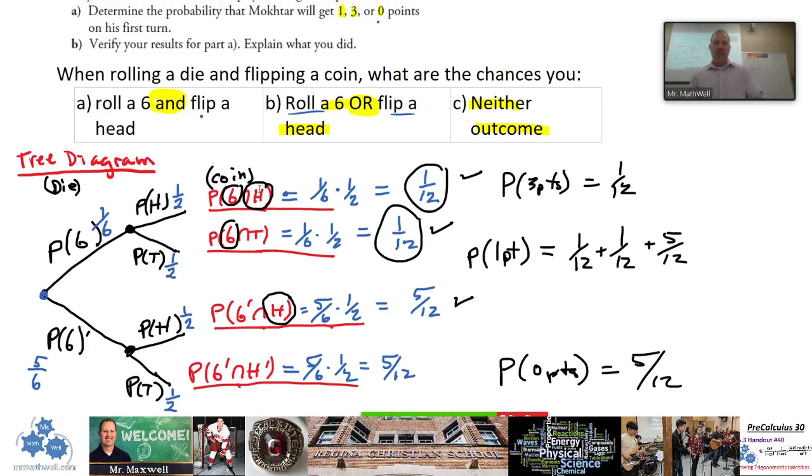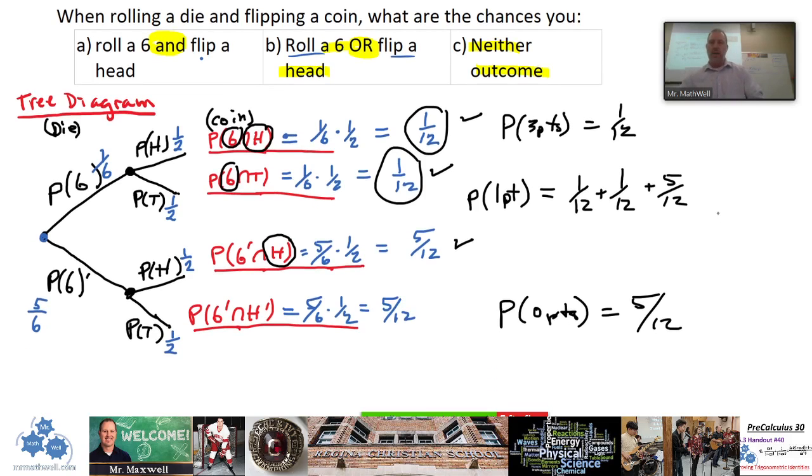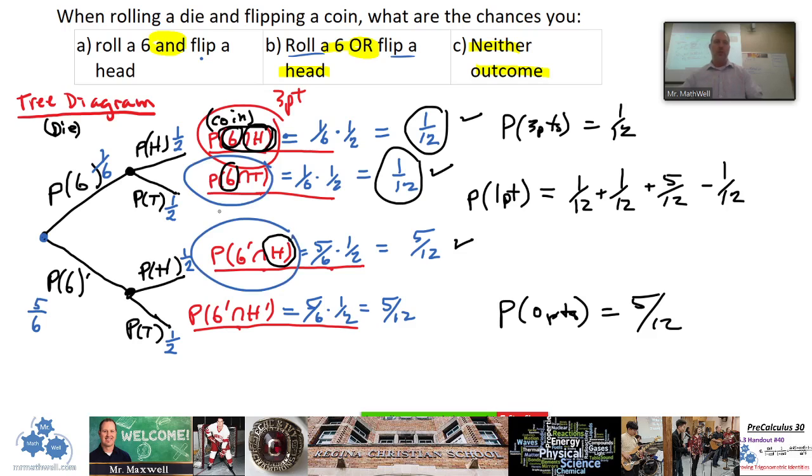But this 6 and a head, that's actually the 3 points. So we have to subtract the 1 out of 12 there. We have to subtract this one because this one's already a 3-pointer. Okay? So this is a 3-pointer, and then this one and this one are the 1-pointers. Okay? 1 point, 1 point. So I've counted this 3-point one twice really in my points, so I gotta get rid of one of those.